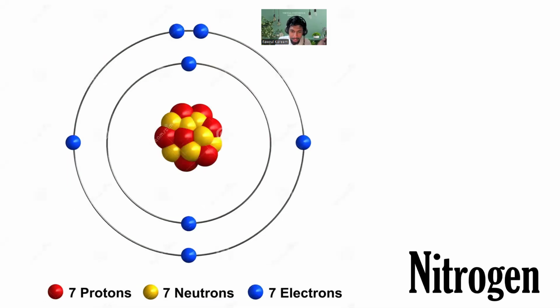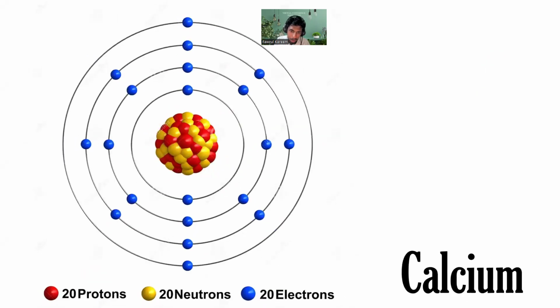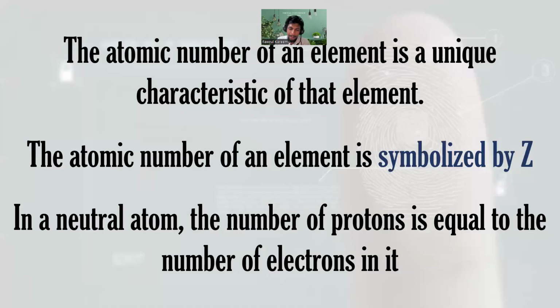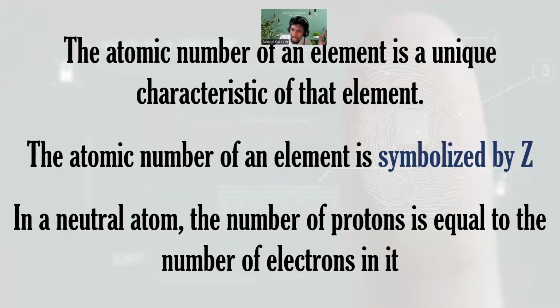So now you know what atomic number is. Number of protons is equal to atomic number. Number of protons will differ for each and every element; each and every atom of an element has a different atomic number.